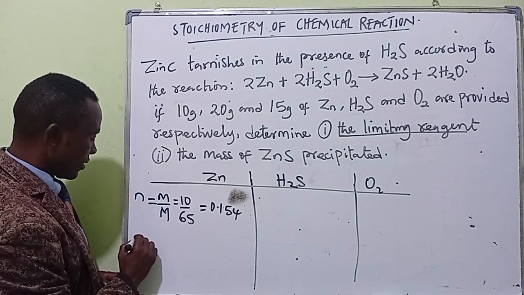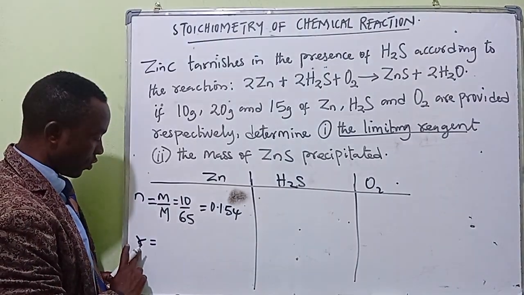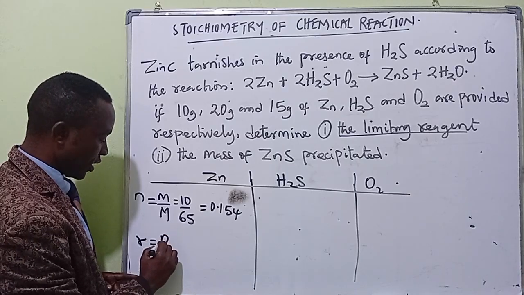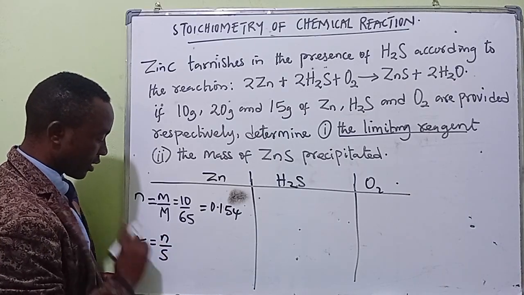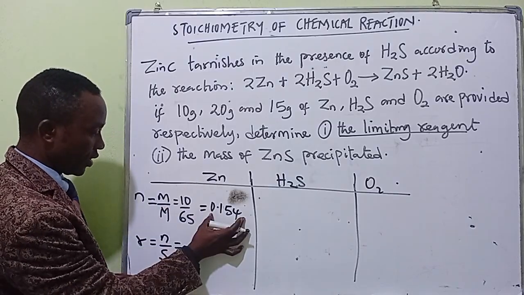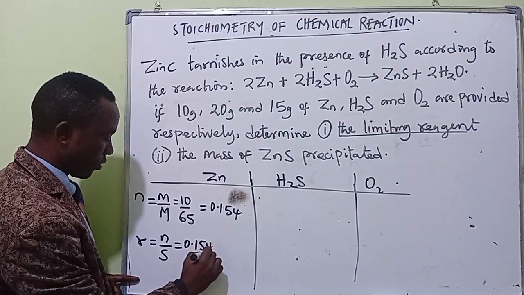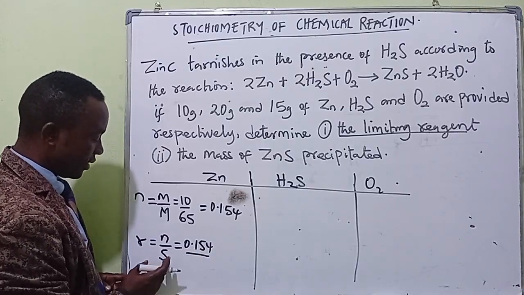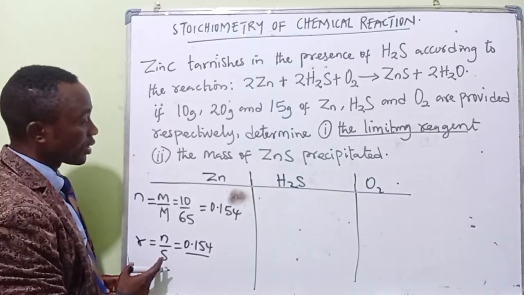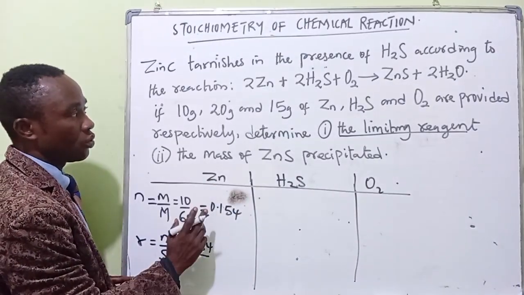Now, the ratio of mole, by the formula we are looking for, is the number of mole obtained divided by the stoichiometric number of moles. The number of mole for zinc obtained is 0.154, then divided by the stoichiometric number of mole, which is S. The stoichiometric number of mole is the number of mole of that zinc in the balanced equation.